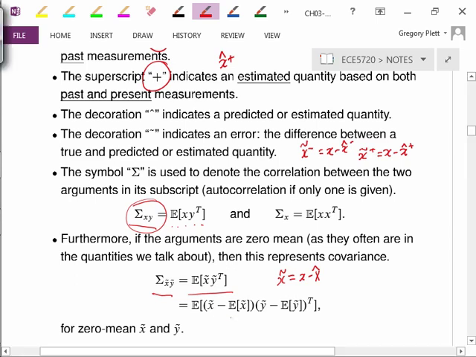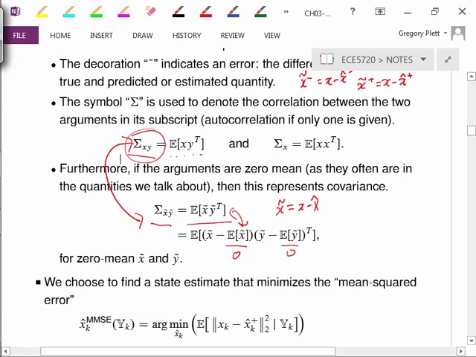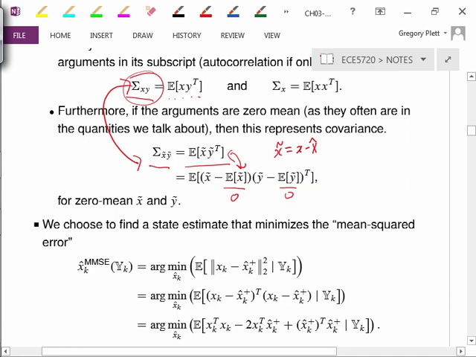So if this is 0 and this is 0, then these two lines are the same, which means that the correlation and the covariance are the same. So that's why I can use the same symbol, just with different arguments in the subscript, to denote either a correlation or a covariance. That is the notation, and there's usually a subscript also to indicate the time step, so a subscript k, for example.